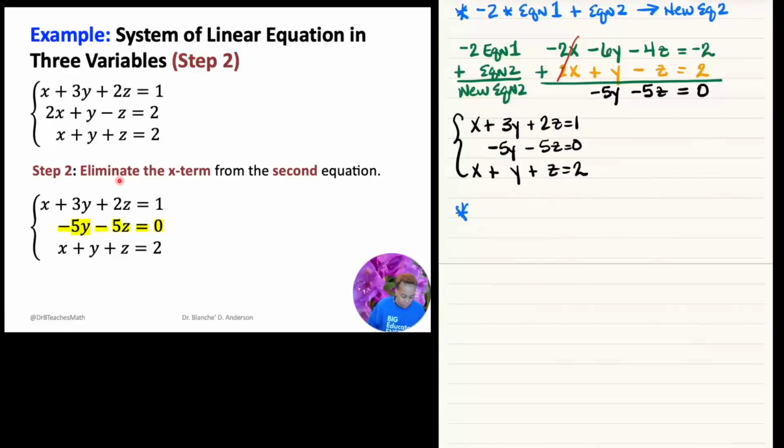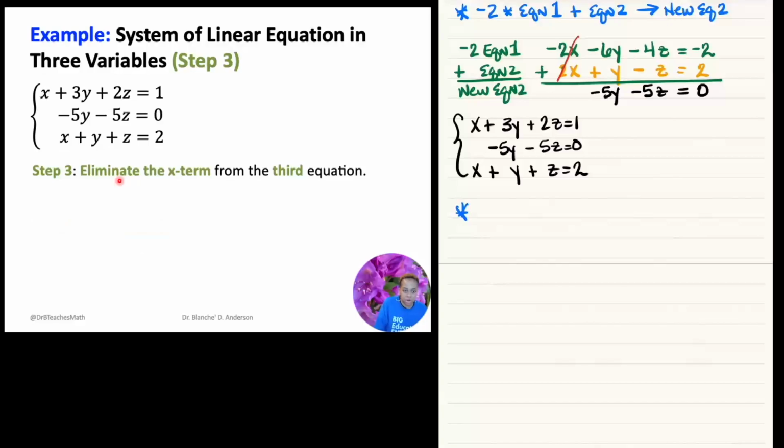Now, remember, step 3 says we need to eliminate the x term in the third equation. Because remember, our goal is to have x plus y plus z, y plus z, and then z. That's our goal. So we're going to keep working down. So now we need to eliminate this from the third equation. Well, let's do the same thing.